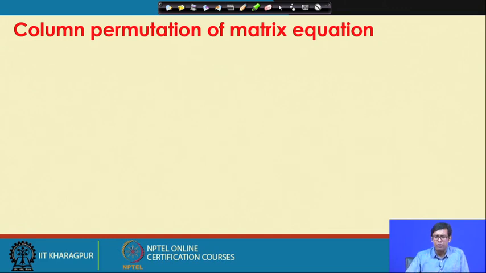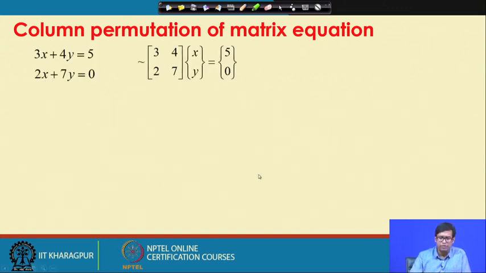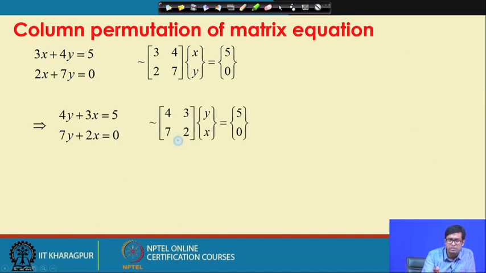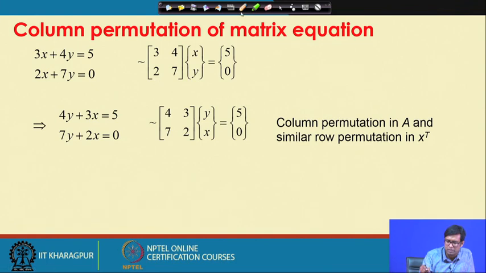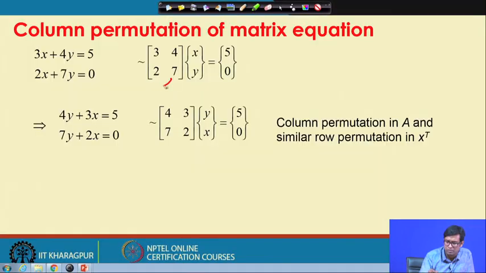Now, if we do a column permutation, for example, we have this equation, and if I do a column permutation, that means column 4 7 is moved to column 3 2. So, we send column 2 to column 1 and column 1 comes to column 2.